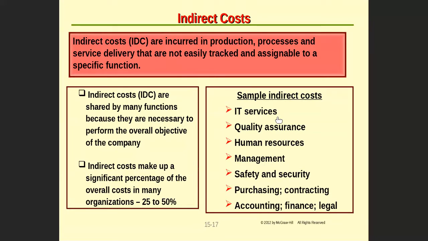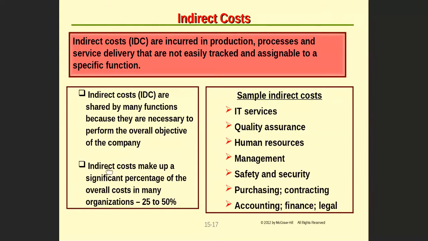If we compare the indirect to the direct cost, the direct cost will be related to the production in general and associated with the number of units produced, like raw materials and machines. Those are considered a direct cost, but those are specific jobs in the organization and indirectly related to the cost of the organization.